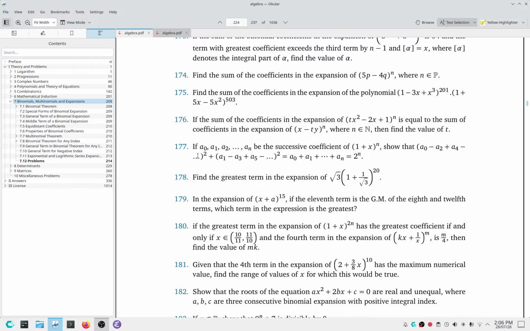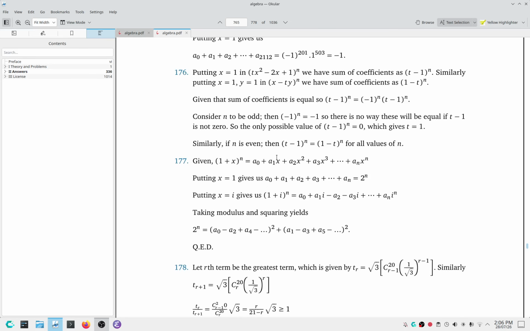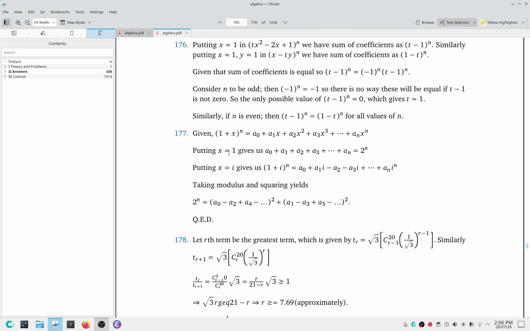Question 177 says that if a0 plus a1 plus a2 up to an be the successive coefficients of (1 + x)^n, then show that (a0 - a2 + a4 - and so on) whole squared plus (a1 - a3 + a5 - and so on) whole squared is equal to a0 plus a1 plus up to an, which is equal to 2^n. We put x equal to 1, we get a0 plus a1 plus a2 plus a3 up to an is equal to 2^n.